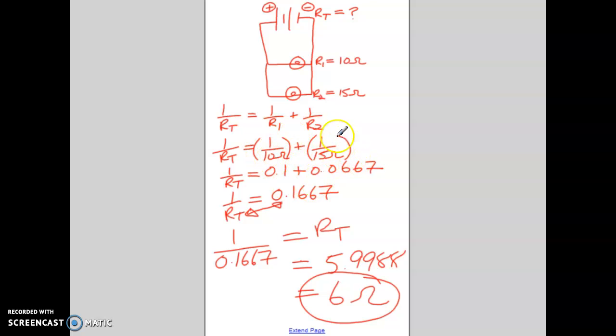But this method works every single time, even if you have a weird denominator number. So you plug in the values, you divide them out to get rid of the fractions, you add them up, and then you swap places with the RT and your final answer to get what RT is equal to. Okay, we're going to do another example in the next part.